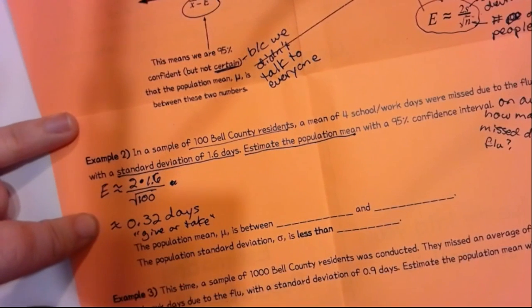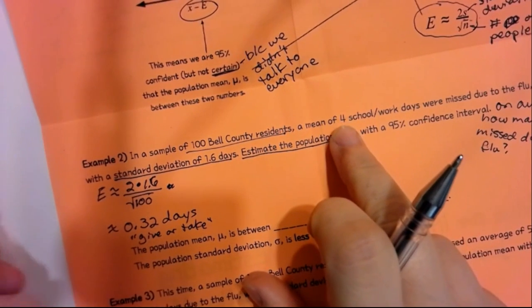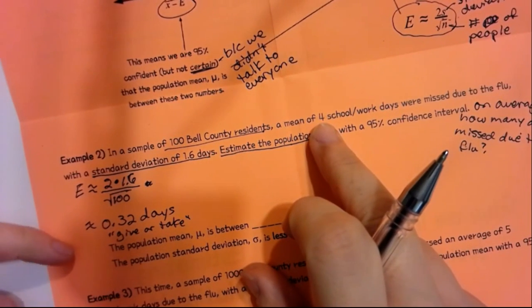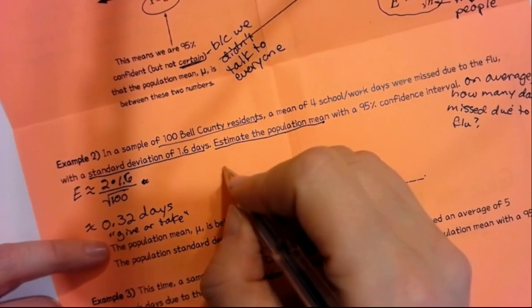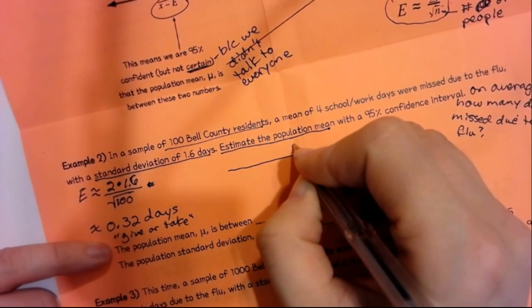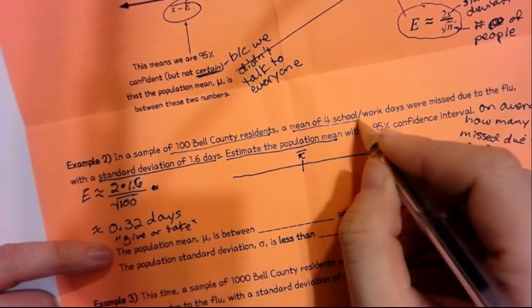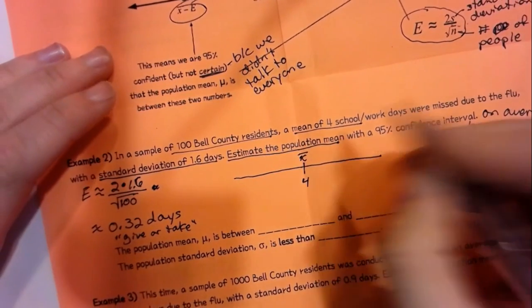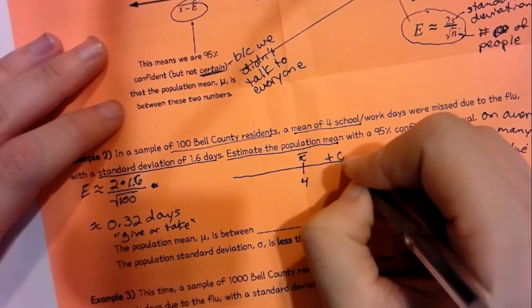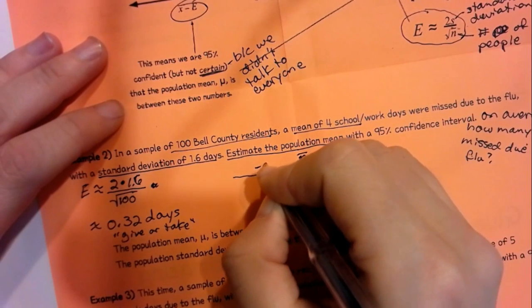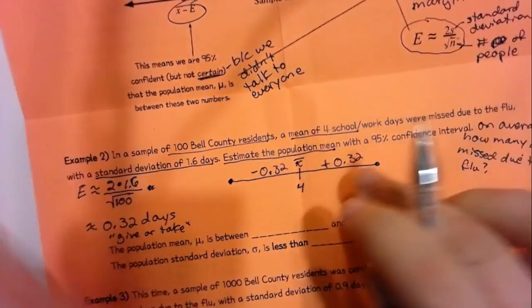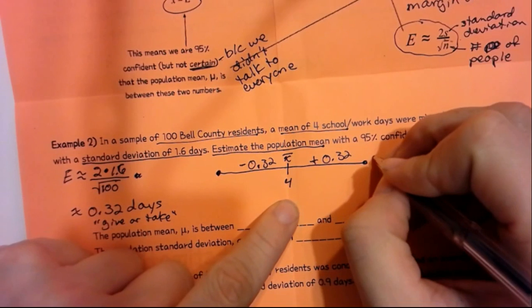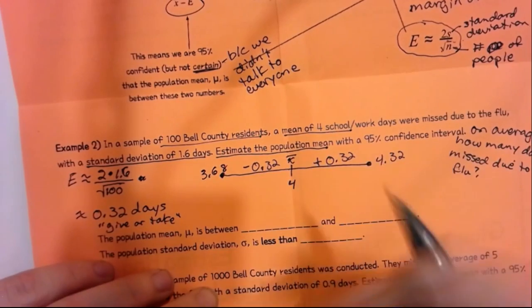So when we have our mean, which was 4 days, they're going to be missing 4 days of school, give or take 0.32 days. Let's see what that comes out to. Here's our mean, x bar, which was 4 days. Then you're going to be adding 0.32 and subtracting 0.32, which gives us, this is 4.32. This is 3.68.